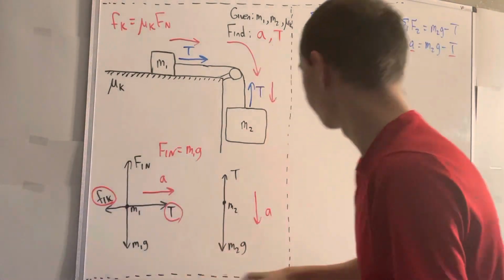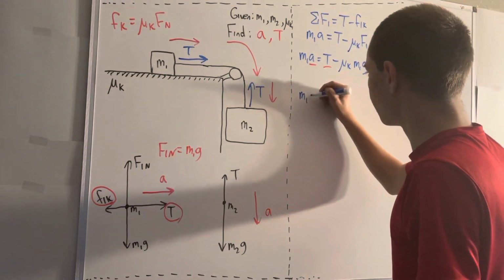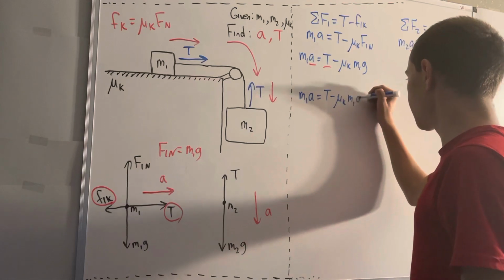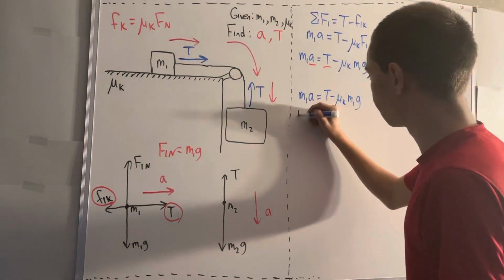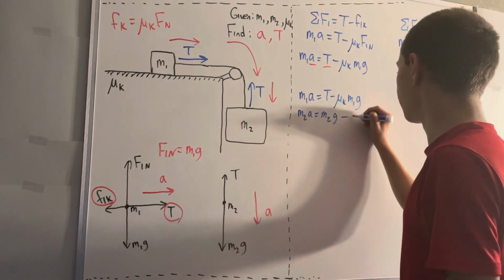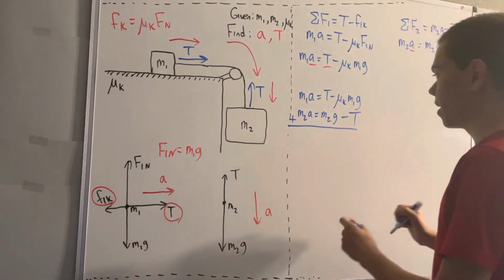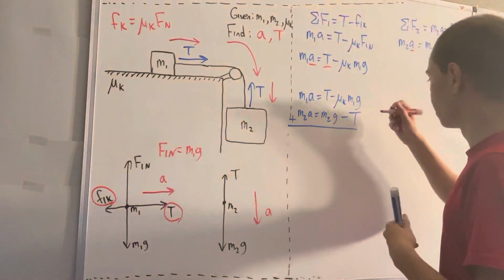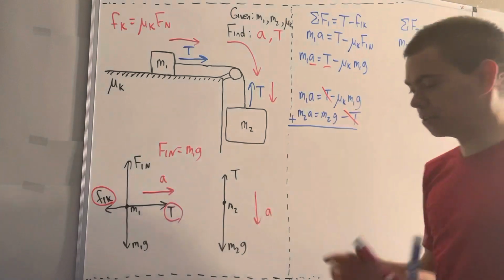So that's all we're going to do. We take this equation, M1A equals T minus mu K M1G, and we add it to this equation, M2A equals M2G minus T. The whole purpose is that tension will cancel out and we can solve for acceleration.